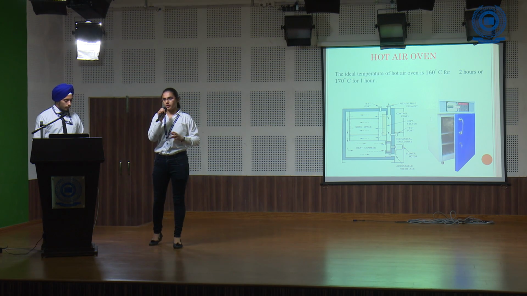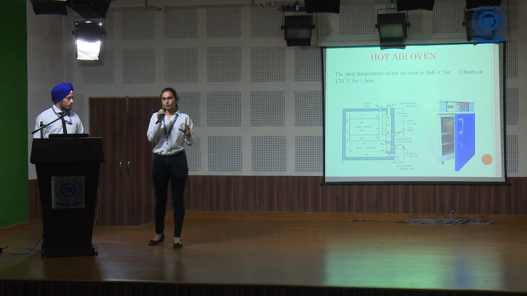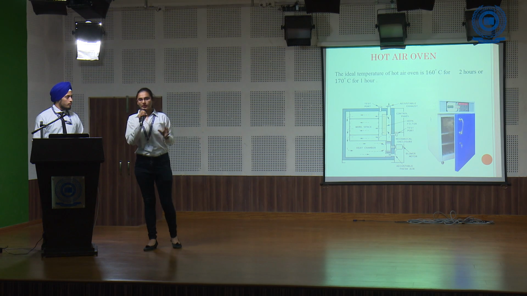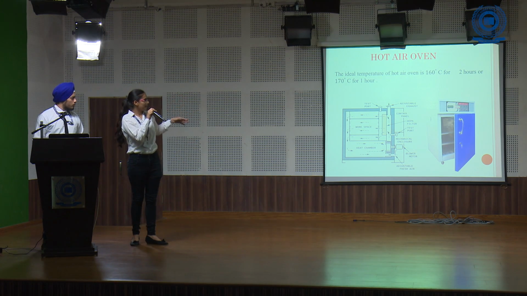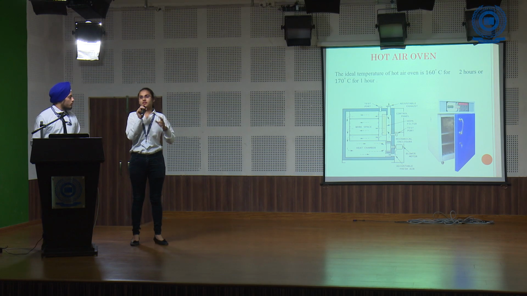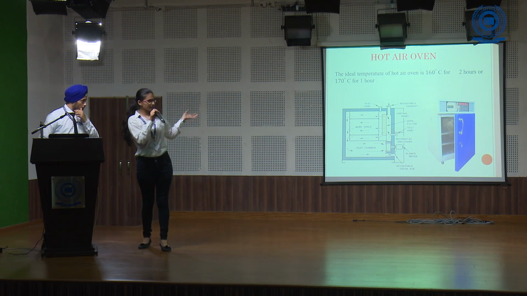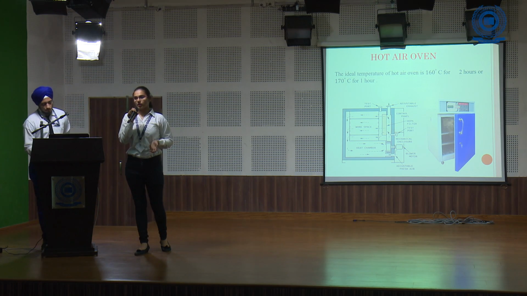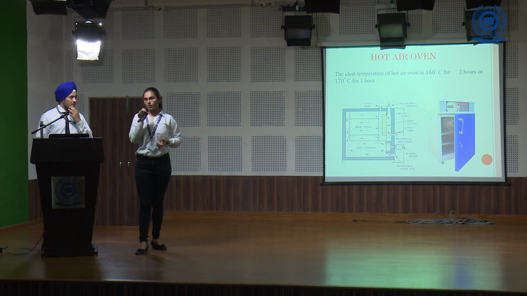A fan is also available so that the heat coming from inside is uniformly distributed and the glassware is not affected or damaged. In the hot air oven, we cannot sterilize surgical dressings or liquid media, because dry heat is a poor conductor and its penetration power is low.